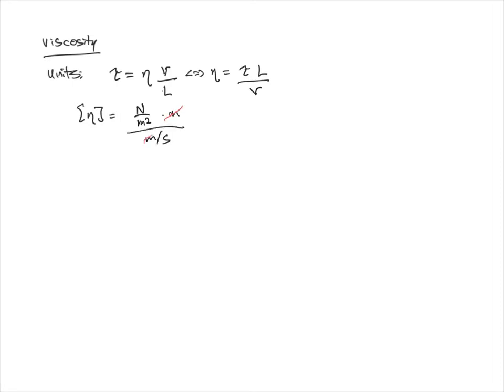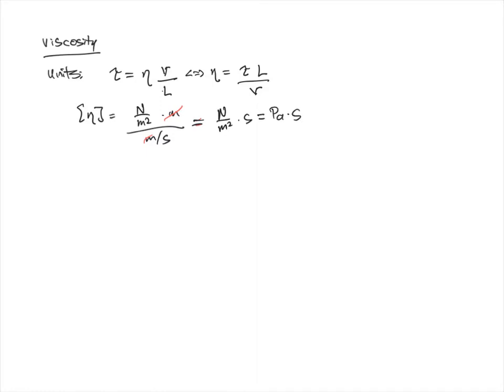So we can cancel one factor of meters here, and we get newton per meter squared times a second, which you could also write as a Pascal times a second.